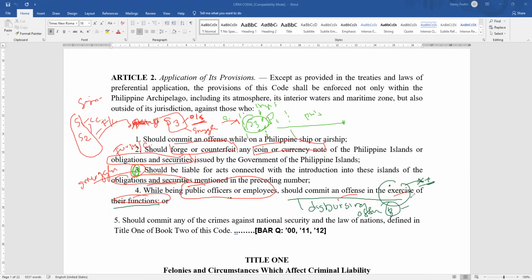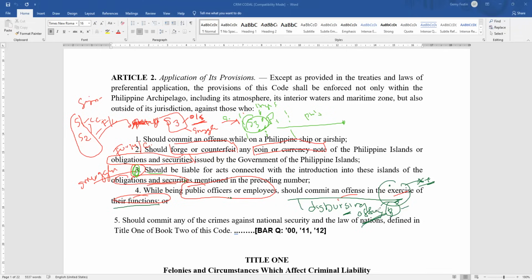Can he be tried in the Philippines if that act of malversing, misappropriating, happened outside the Philippine territory? Yes, because the act is committed in the exercise of their function. So therefore, Philippine courts have jurisdiction to try the case.